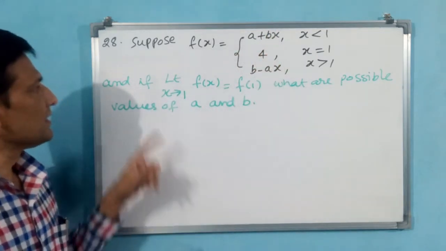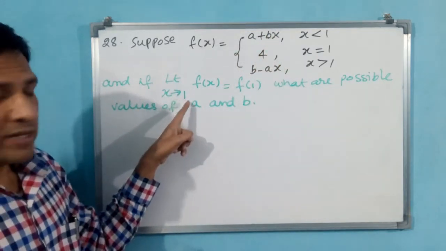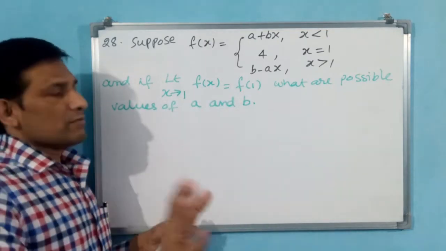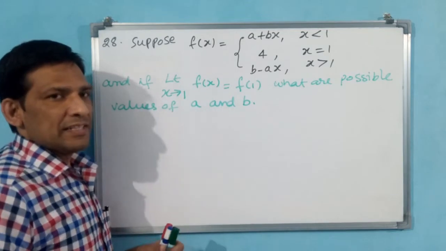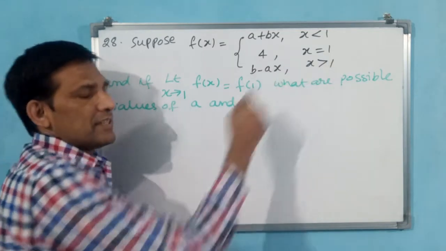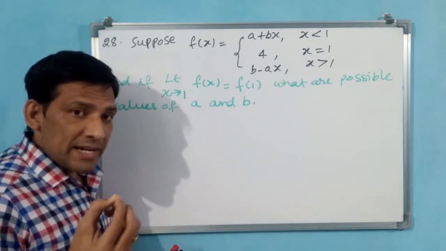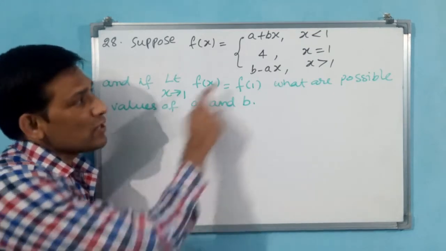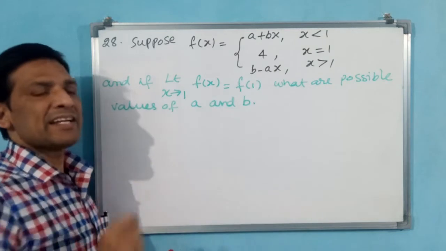Now what are they asking? If limit x tends to 1 f of x is equal to f of 1. You see, first you observe logically here. X greater than 1 means it may not be slightly greater than 1. If you find the limit x tends to 1, there only you are going to take slightly greater than 1.